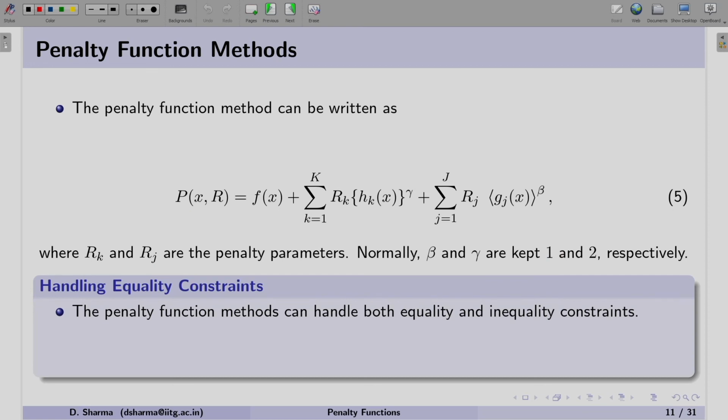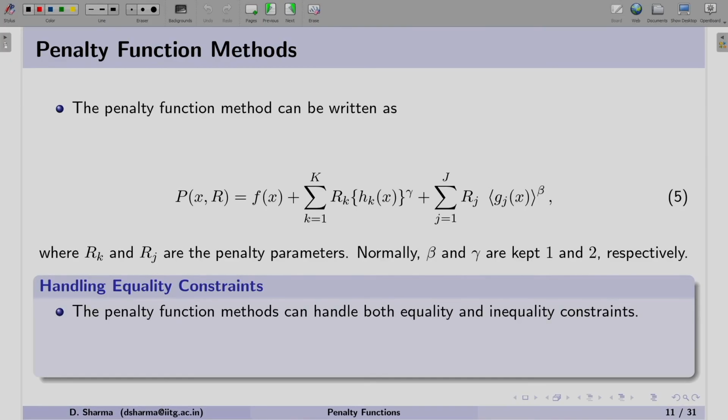Now from the previous discussion, we can very well use the parabolic penalty for the equality constraint, but still handling equality constraint is always difficult. Why? Because it says that the left hand side should be equal to the right hand side. So satisfying such kind of equality constraint is always a challenging task for all optimization methods.